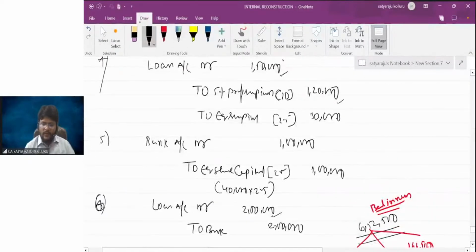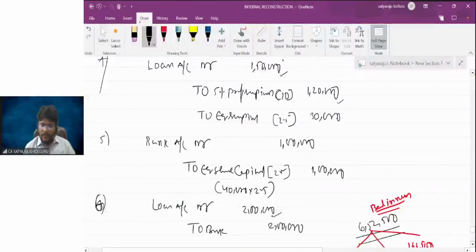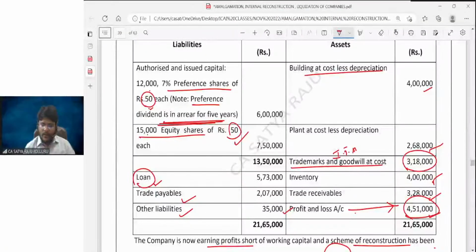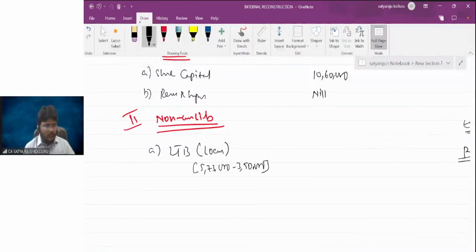So 2 lakhs plus 1,50,000 means 3,50,000 you already paid. Out of 5,73,000, if you paid 3,50,000, what is the balance? 5,73,000 minus 3,50,000, which is 2,23,000. Are you with me, guys? All of you? Can I proceed?